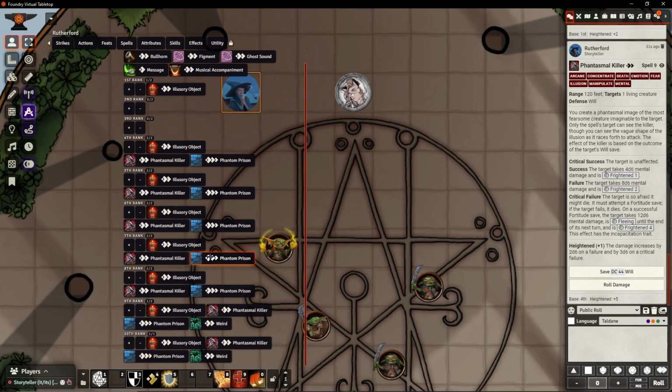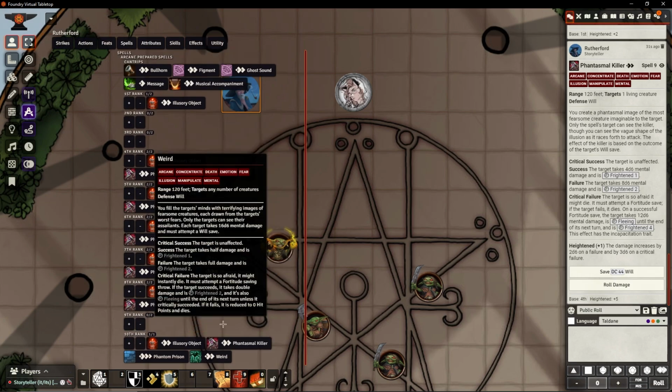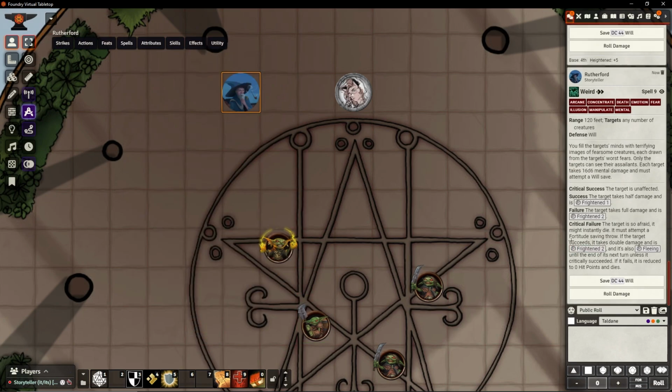And then I just wanted to have a little bit of fun and show off one of my favorite spells of all time, Weird. It just lets you target any number of creatures within 120 feet, and then they take damage and become frightened and potentially instantaneously die if they take a failure on a fortitude save off of the critical failure.